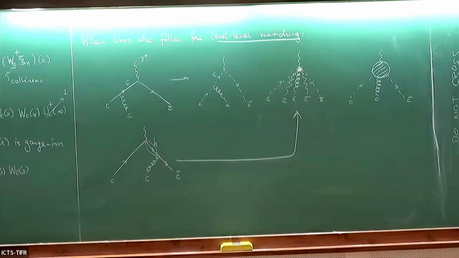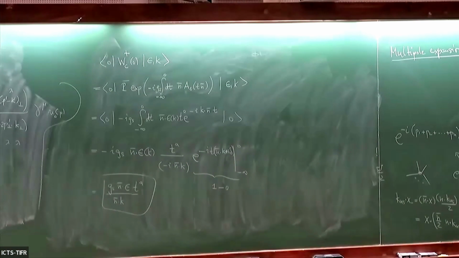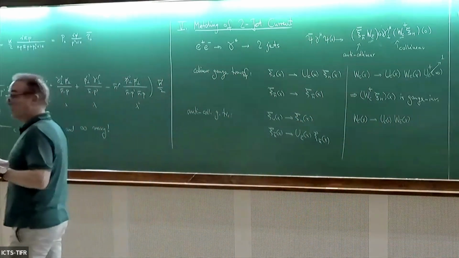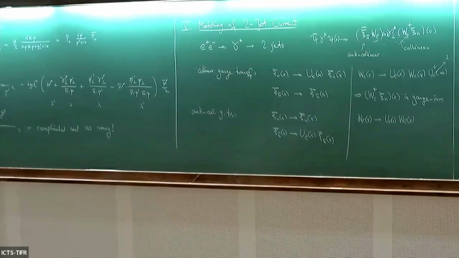So this matching relation is very important. What we'll discuss tomorrow is, we saw there is a non-trivial tree-level matching, which gives the Wilson lines. There's also a non-trivial one-loop matching, which gives a Wilson coefficient in front here. In our Sudakov form factor problem, that was the hard contribution, which we found at one loop.